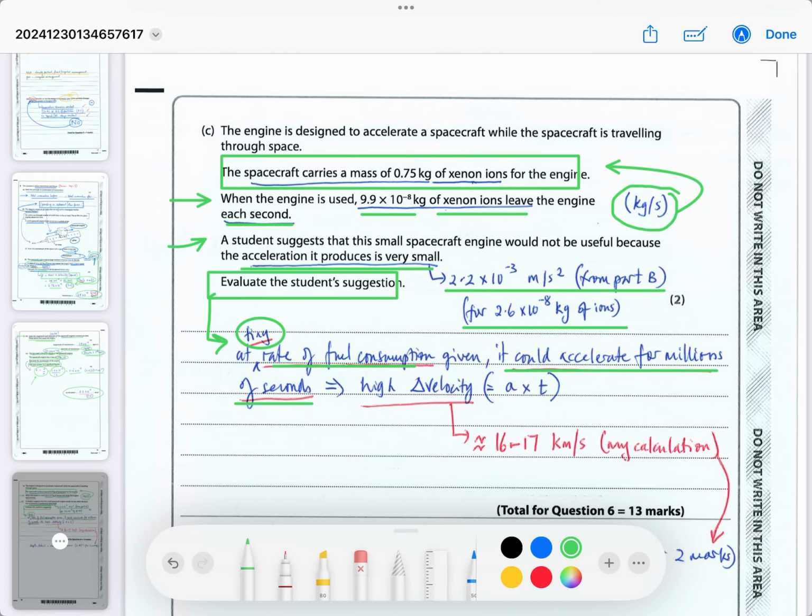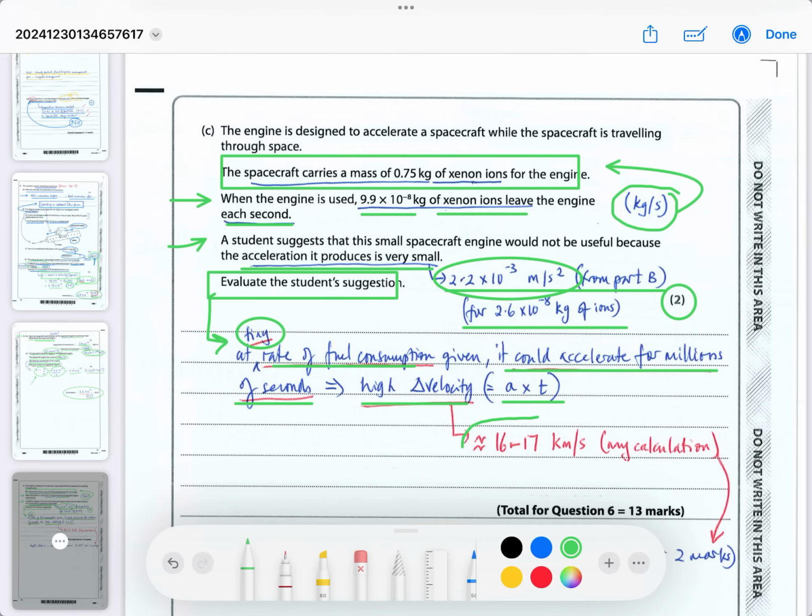It's a 2-mark question. So if it can accelerate for millions of seconds, even if the acceleration is small, as shown here where I just circled it, it will reach a very high change in velocity. The velocity change will be equal to that small acceleration for a large amount of time. We're talking about millions of seconds.